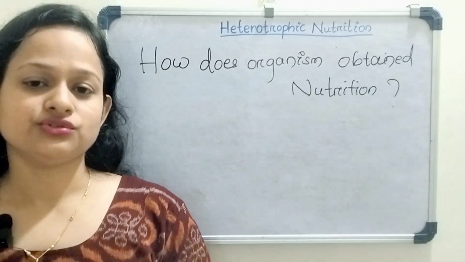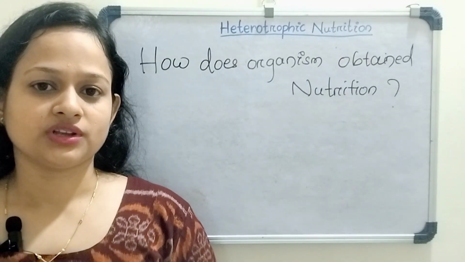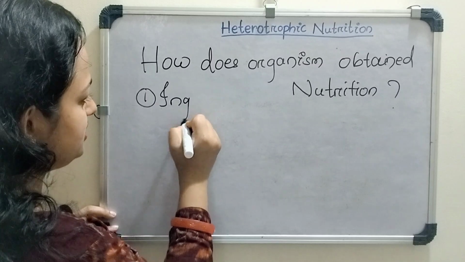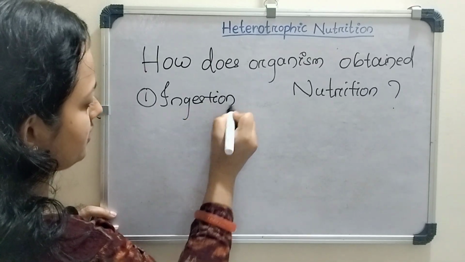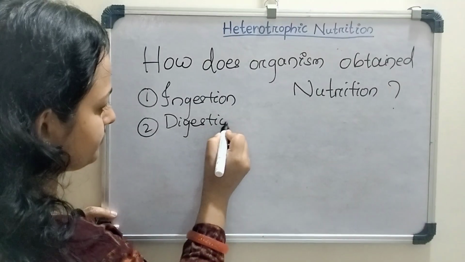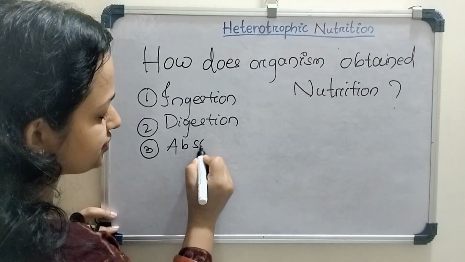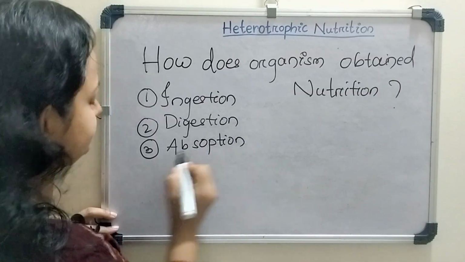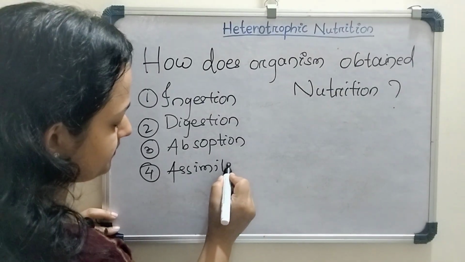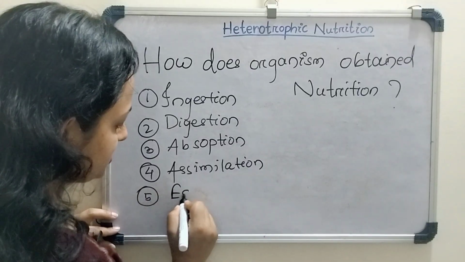And the types of holozoic nutrition, it involves actually 5 types of steps. So they are ingestion, then digestion, then absorption, then assimilation, and the last one is egestion.